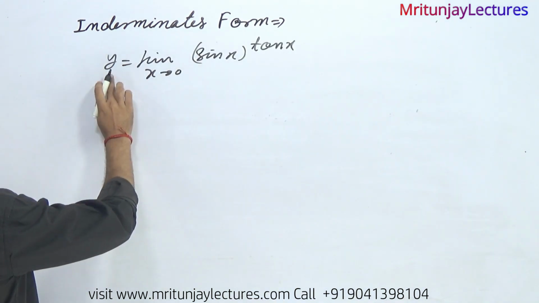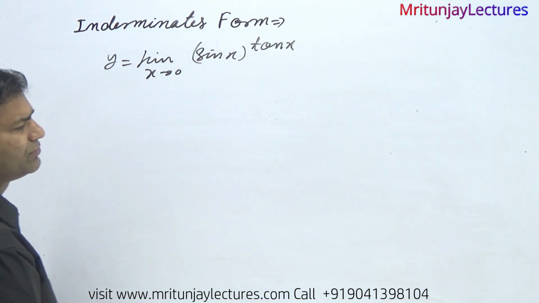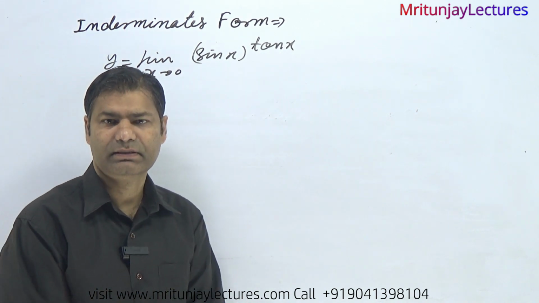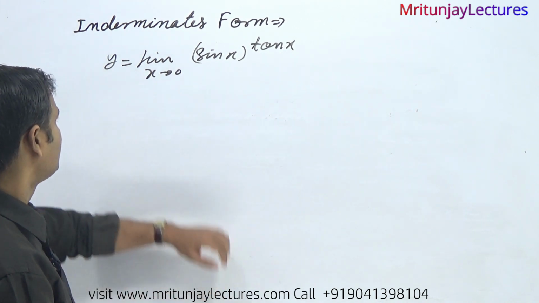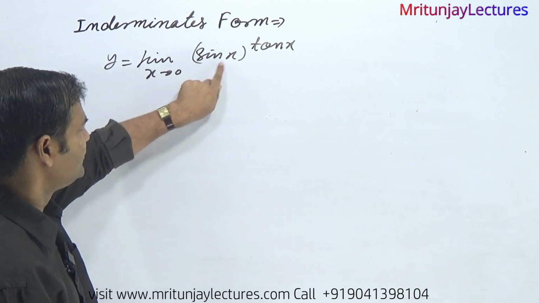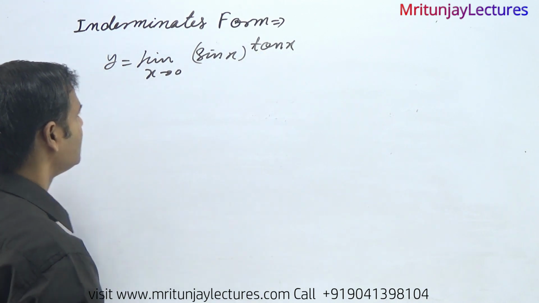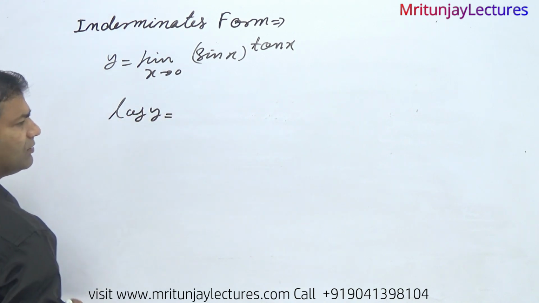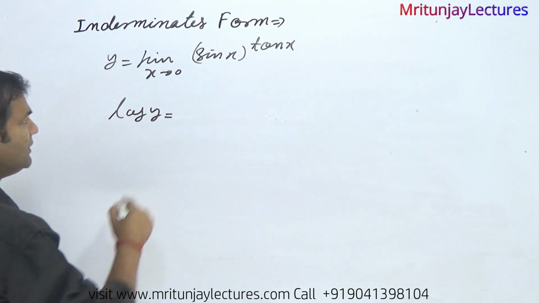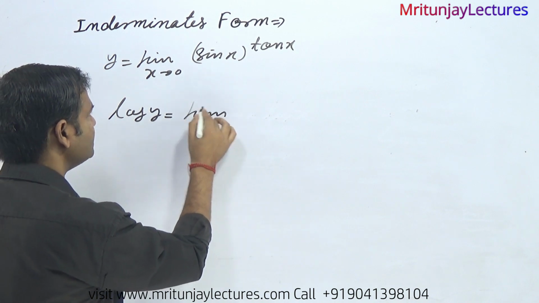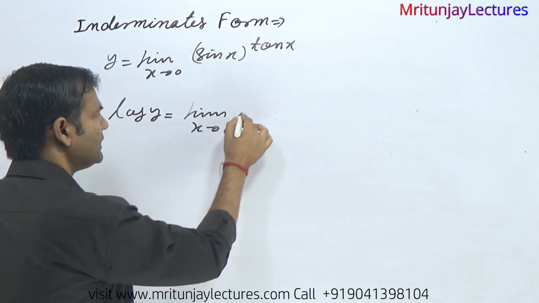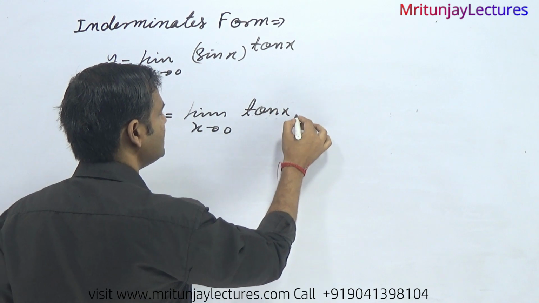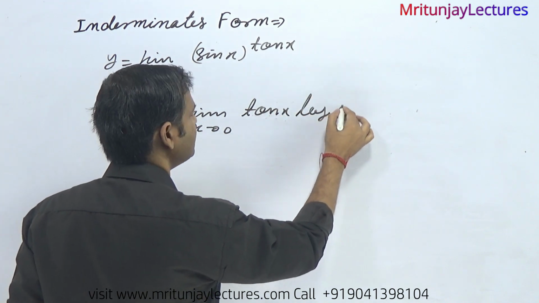Now the next question: y is equal to limit x tends to 0 of sin x to power tan x. First of all, put x equal to 0: 0 to power 0. Then taking log both sides, limit x tends to 0 of tan x into log of sin x.